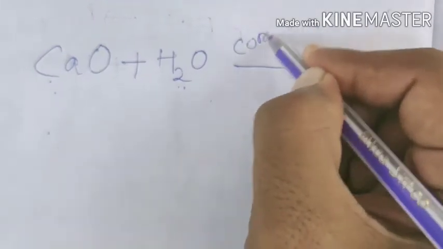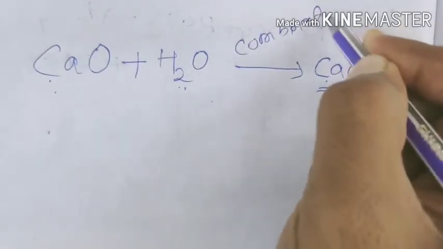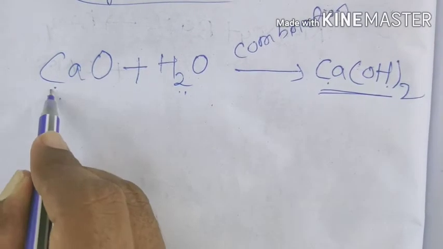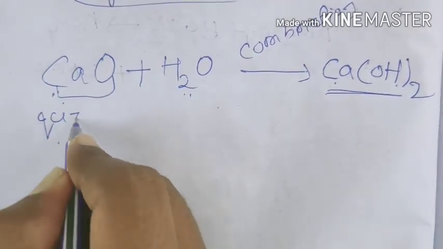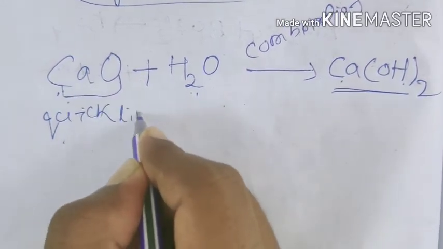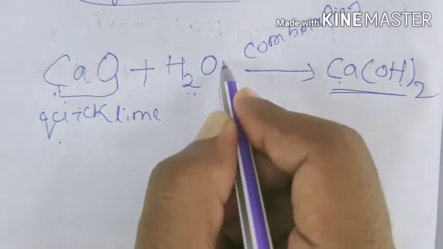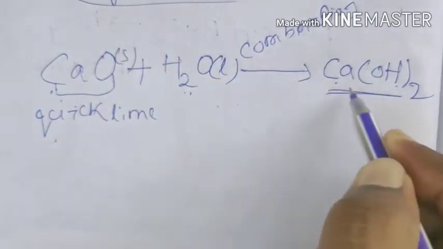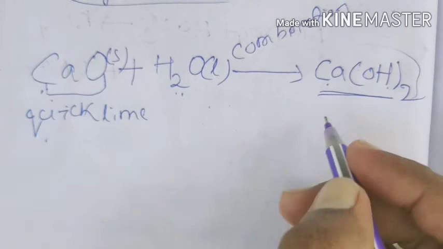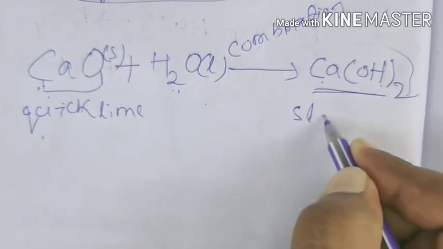So this process is called a combination reaction. Calcium oxide is known as quicklime. H2O is a liquid and calcium oxide is a solid. Calcium hydroxide is called slaked lime.